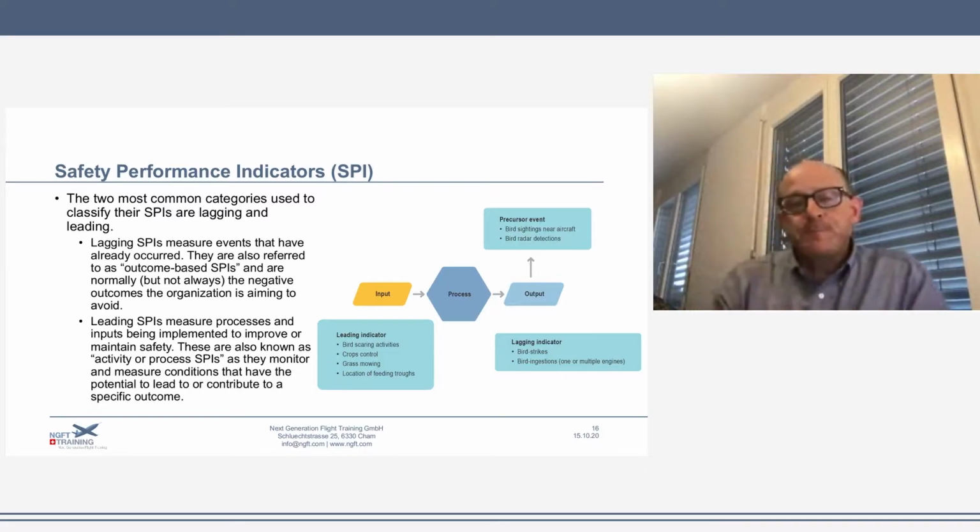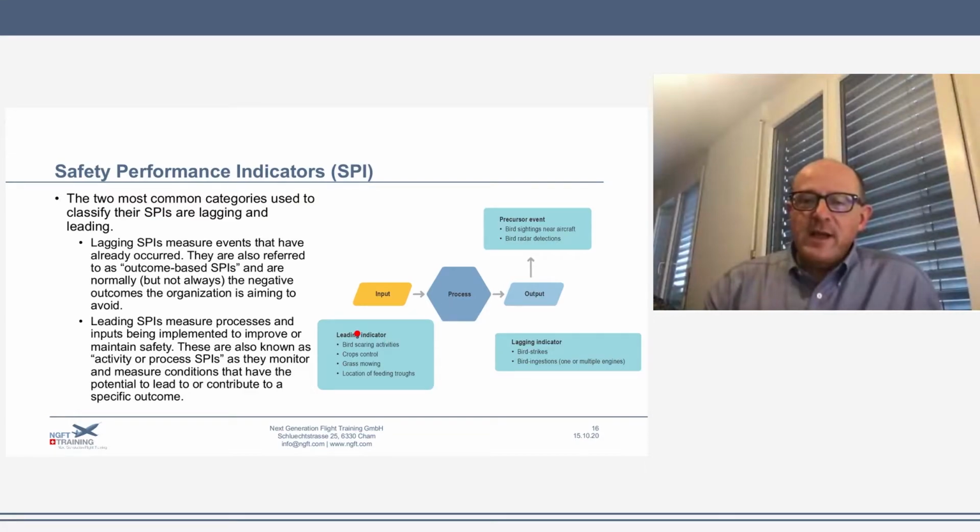Now, when we look at performance indicators, we also look at the quantitative indicators. We do have leading and lagging indicators. Take the bird strike issues, the process to prevent bird strikes.